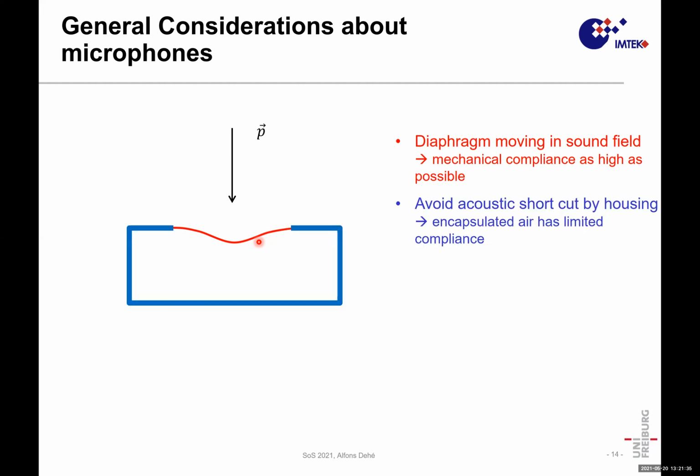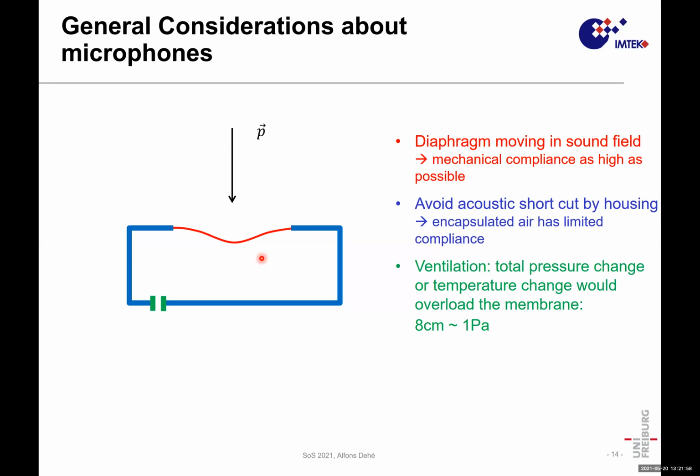To make this happen, you have to have an enclosure. So you have to encapsulate a reference pressure. This pressure is some standard reference pressure, and then the change in pressure outside will deflect the diaphragm in one direction or the other. So it is necessary to have this encapsulation.